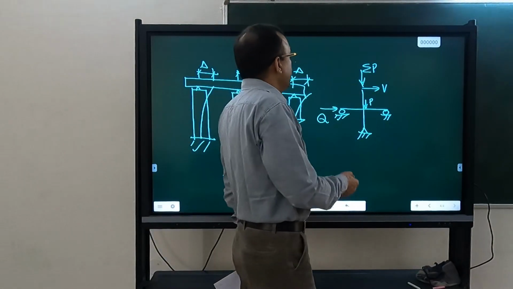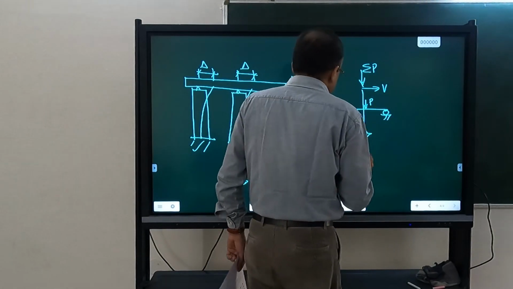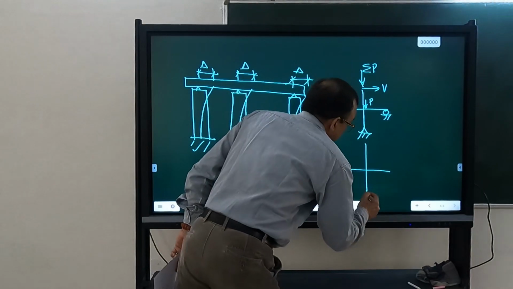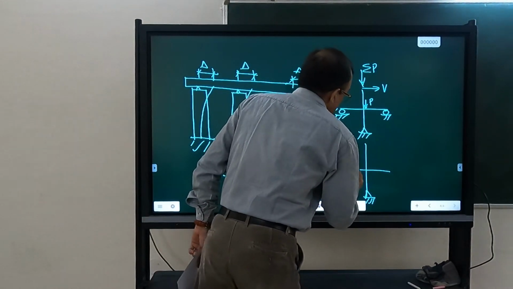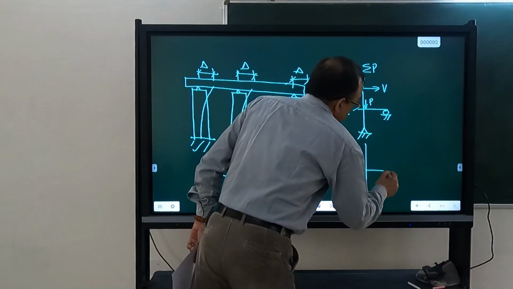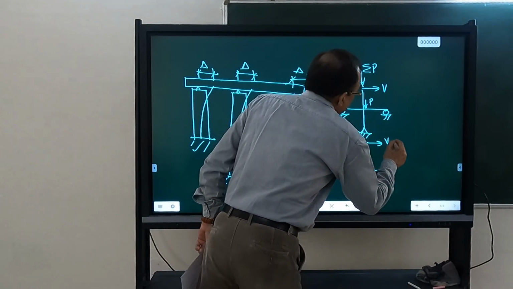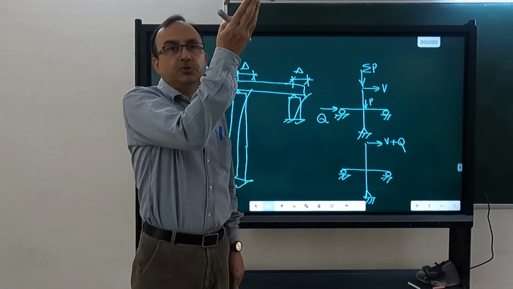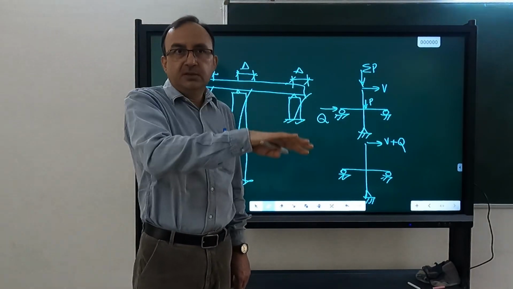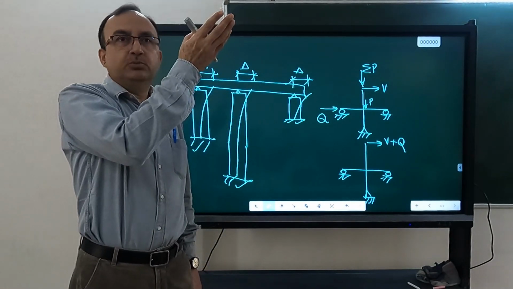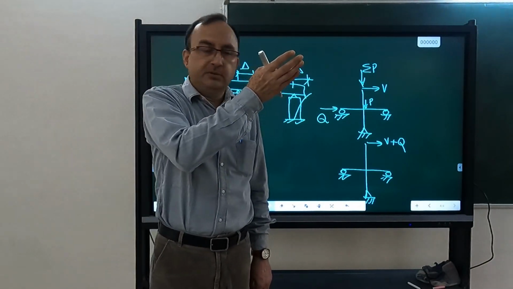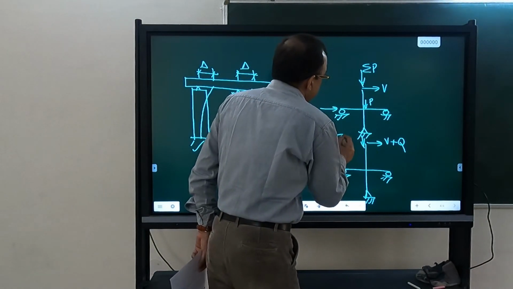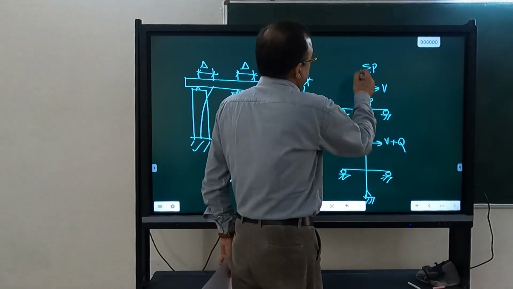Like we have done here, we considered V plus Q over the whole story. We have considered story shear from the mid height. Actually it will come from the floor, but we have assumed those forces to be acting at mid height. Similarly, we will consider this also as summation P plus Q from the top.